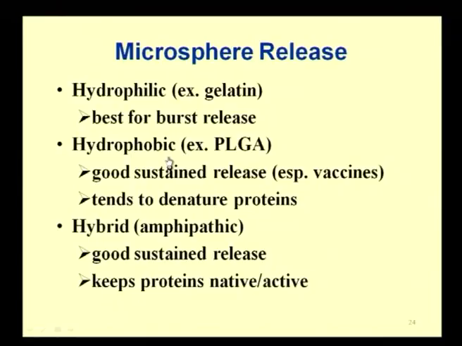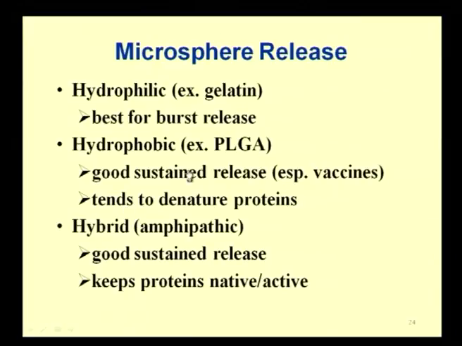The second release could be due to hydrophobic nature. This is explained with the best example of polylactic glycolic acid. It is a copolymer which is very useful for good sustained release, especially of vaccines in our body, because it undergoes bulk erosion but at the same time has a sustained release of the drug.